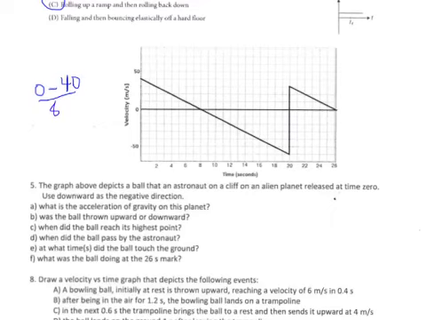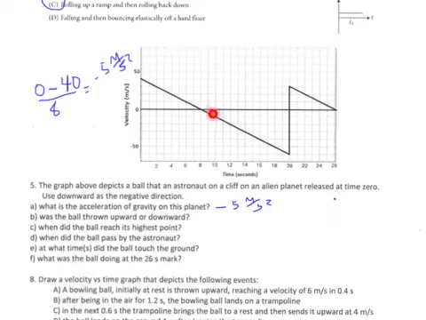So what that's going to give me, 40 divided by 8, is negative 5 meters per second squared. So here you go. The acceleration on this planet is negative 5 meters per second squared. In other words, every second that goes by, this is going 5 meters per second slower.